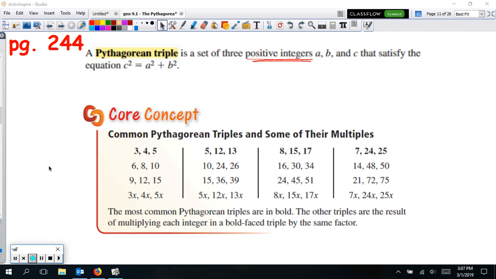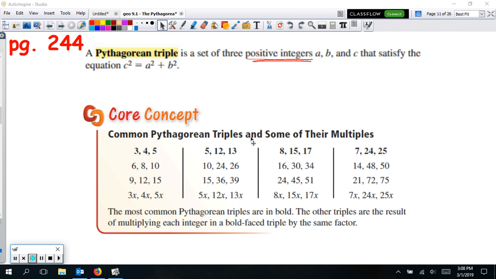Also on page 244, we're going to talk about what a Pythagorean triple is. You have a little vocabulary up there at the top of 244. So write this in for Pythagorean triple; I underlined this part, but really write the whole thing. A Pythagorean triple is a set of three positive integers, a, b, and c, that satisfy the equation of our Pythagorean theorem, c squared equals a squared plus b squared.